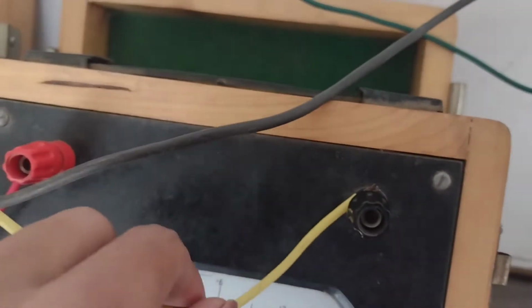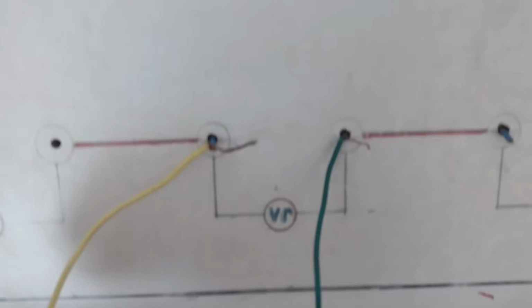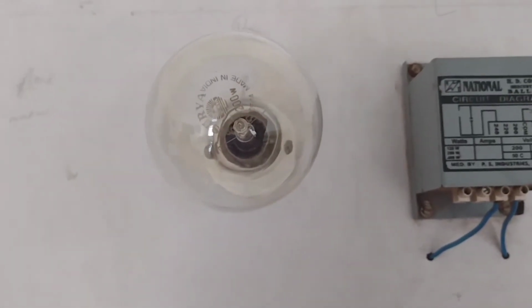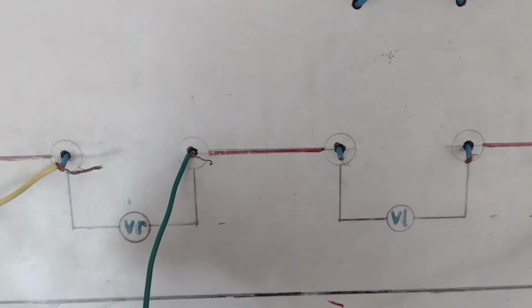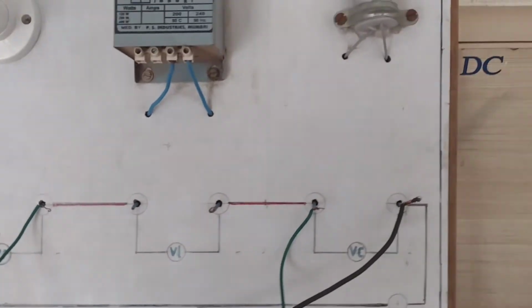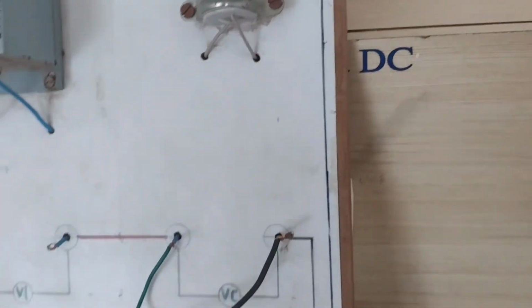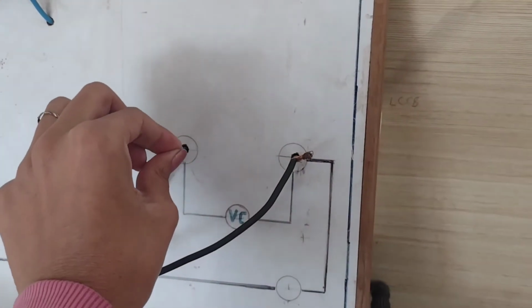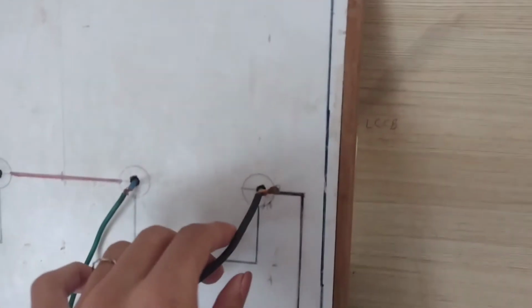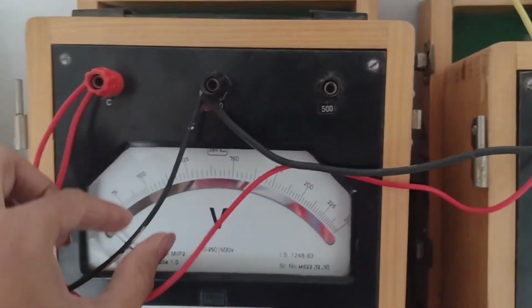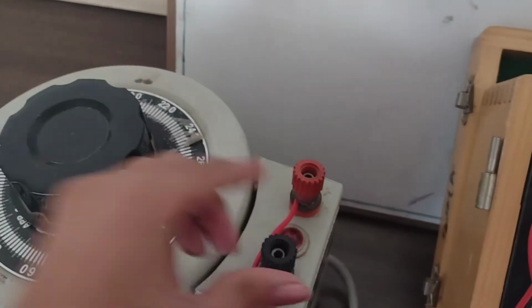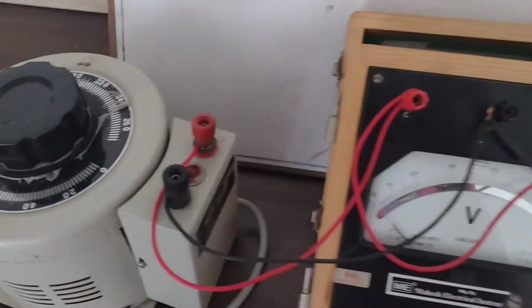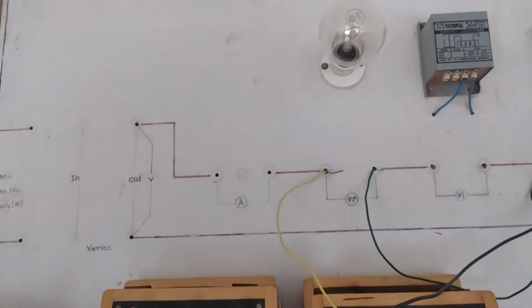Then the range terminal of the ammeter is connected to the first terminal of a resistive load. Then the second terminal of the resistive load is connected to the first terminal of the capacitive load. Then the second terminal of the capacitive load is connected to the range terminal of the voltmeter, and then the range terminal of the voltmeter is connected to the neutral terminal of the auto transformer. This connection will be the same as shown in the circuit diagram.